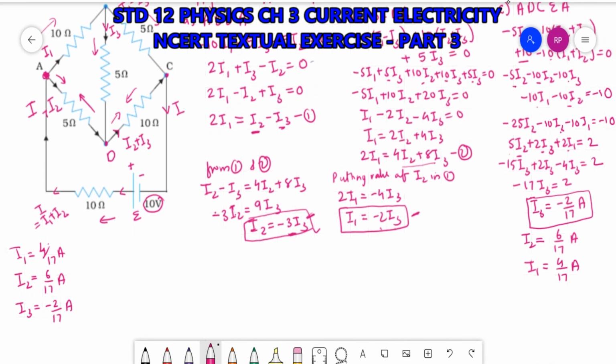Okay. So now we need to find out the current in each branch. So I'm writing down the branches. In branches it will be AB, BC, AD, and BD.